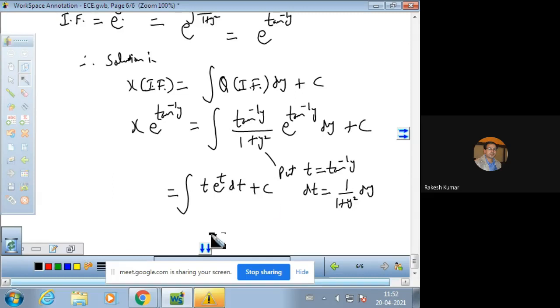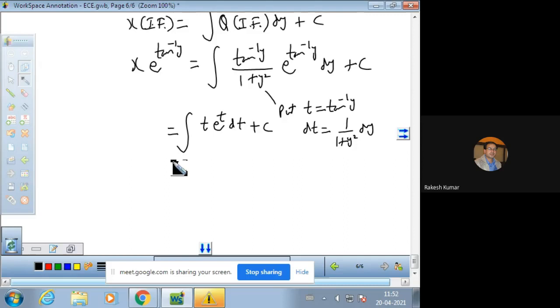Now we require the integration by parts method here: t into e raised to power t minus integral of derivative of t, which is 1, into e raised to power t dt plus c.